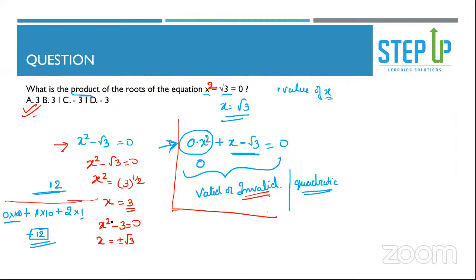People, I think this is going wrong, because if you take x is equal to 3, 3 square would be 9, and 9 minus root 3 is not equal to 0.